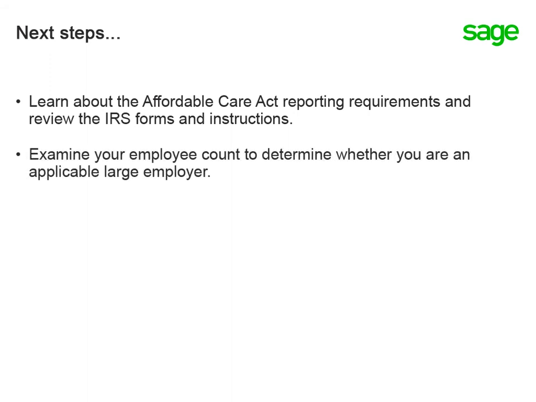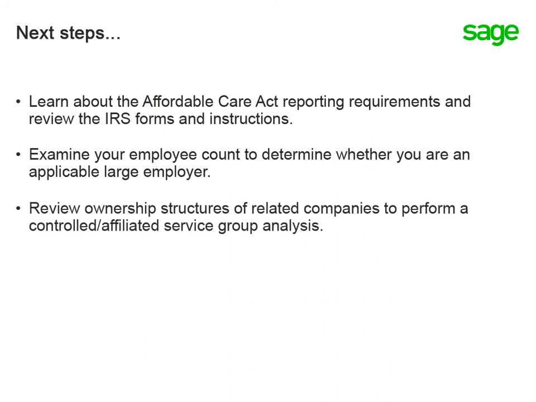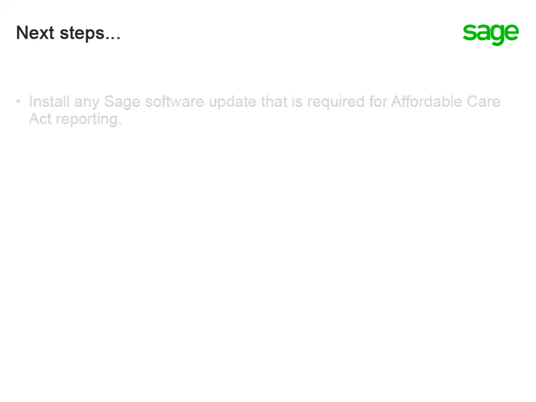Next, examine your employee count to determine whether or not your company is an applicable large employer that needs to file Forms 1094-C and 1095-C for the calendar year. For related companies with common owners, review the ownership structure to determine if you're part of a controlled or affiliated service group that collectively has at least 50 full-time employees and equivalents.